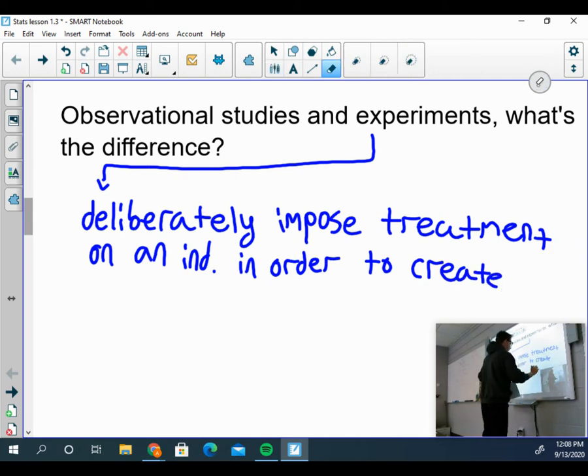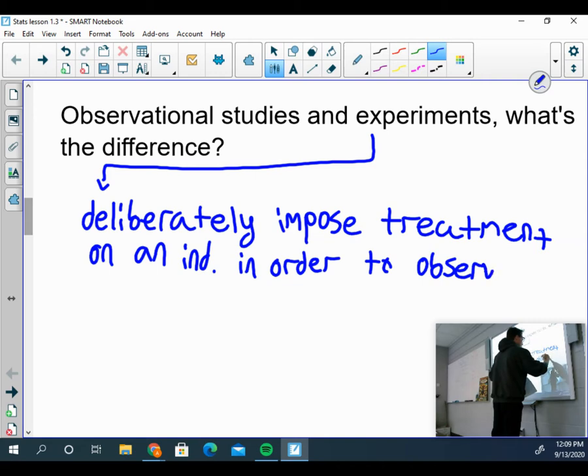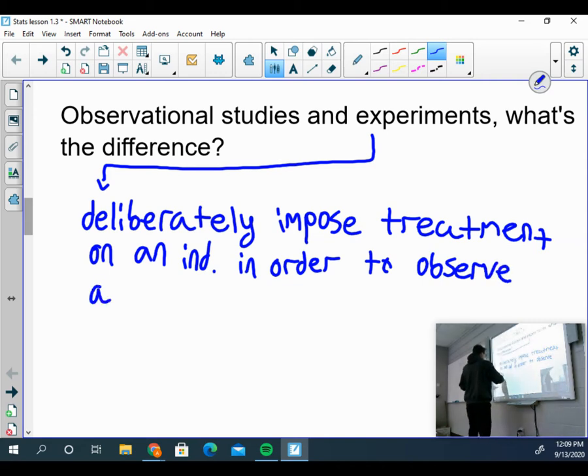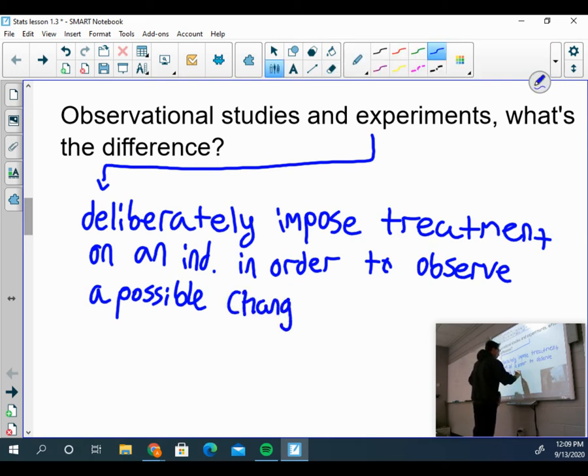Well, probably not create, that's not the right word. Okay? It's the opposite of observational. So in an experiment, I'm deliberately imposing a treatment. I'm doing something to see the different results.